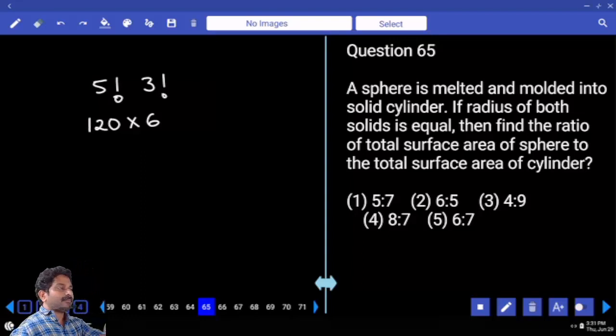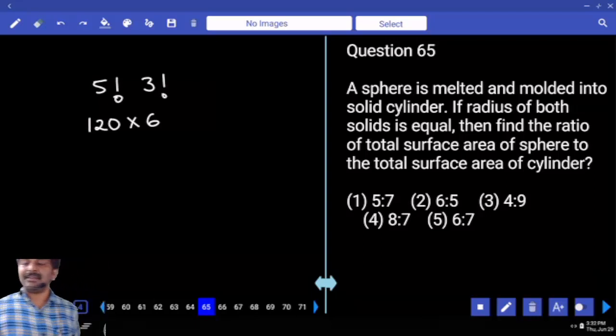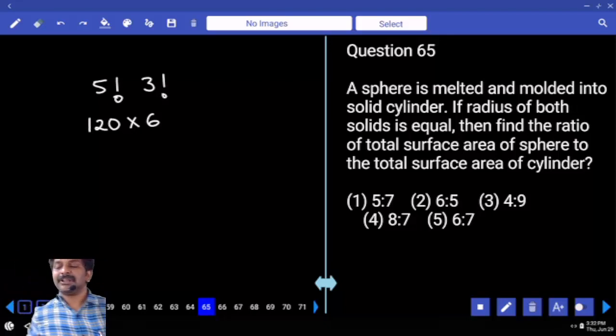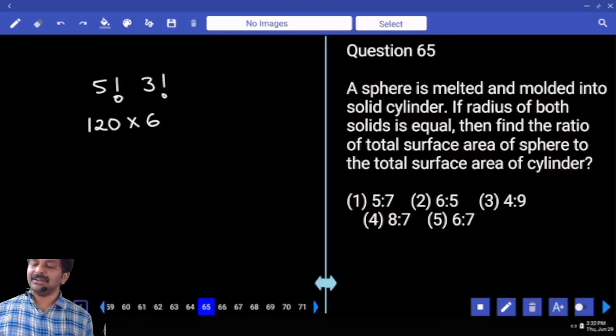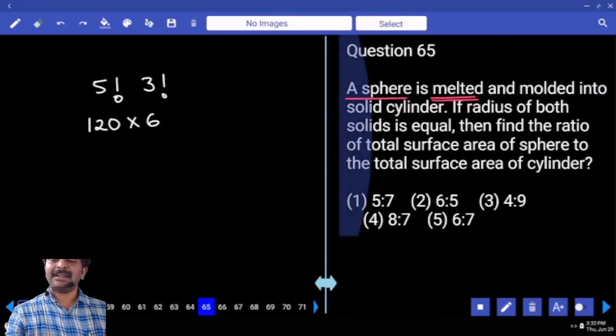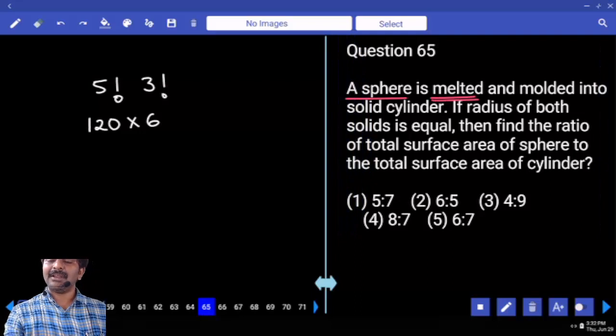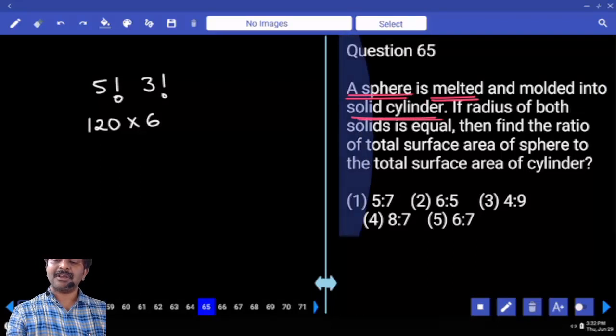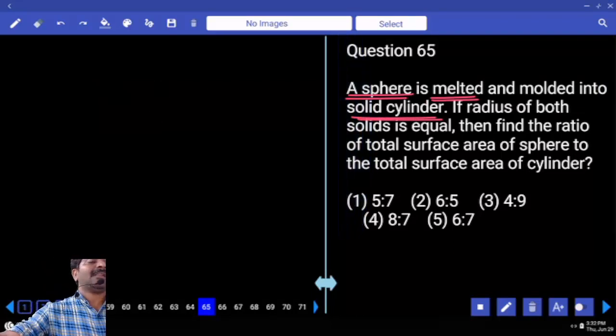Yes. A sphere is melted and molded into solid cylinder. If radius of both solids is equal, then find the ratio of total surface area of the sphere to the total surface area of the cylinder. Okay. First of all, sphere is melted and molded in the shape of solid, and for sphere and cylinder what must be same?